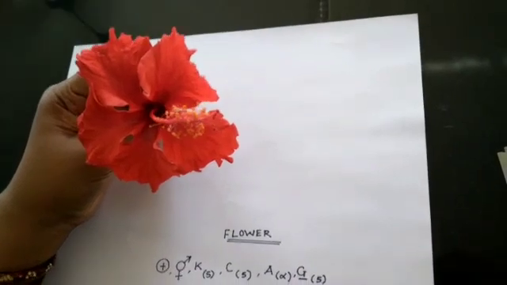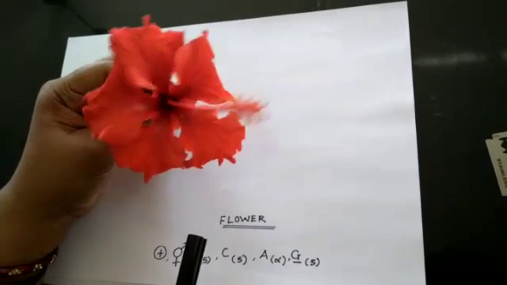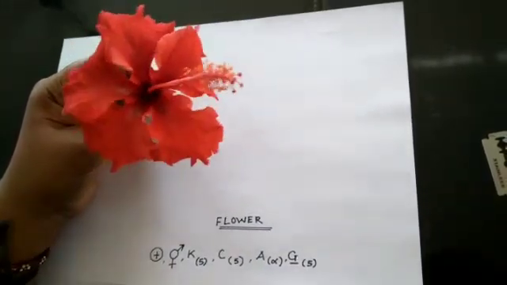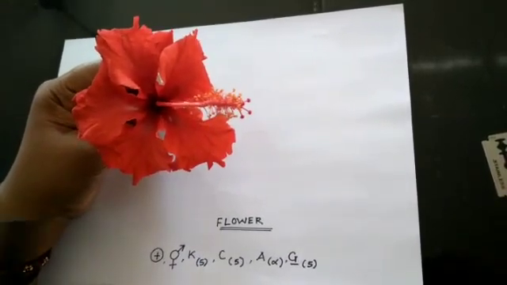Before that, I will explain the floral formula. This flower is an actinomorphic flower, having radial symmetry, and it is bisexual. When we say bisexual, it means it has androecium and gynoecium both.